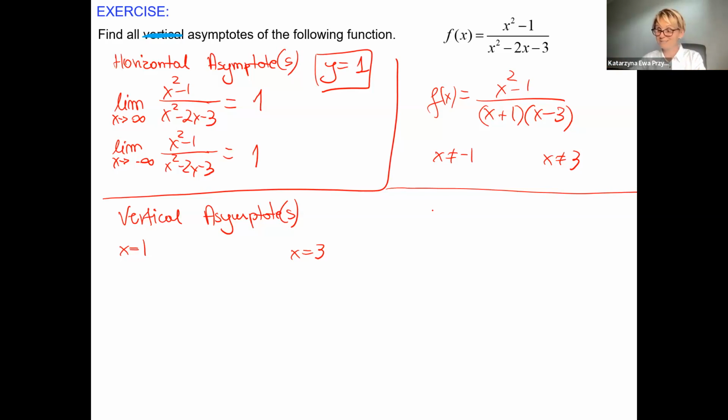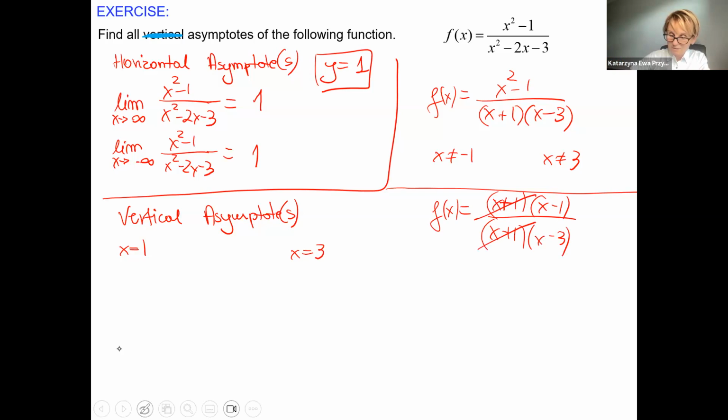How can we simplify this function? x plus 1, x minus 3, x plus 1, oh, my writing, and x minus 1. x plus 1 can be eliminated. I'm sorry, this is supposed to be negative 1. Okay, that means at negative 1 the function is still not defined, but at least that 0 is gone from the denominator.